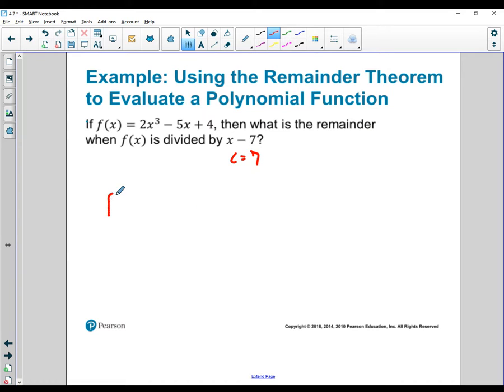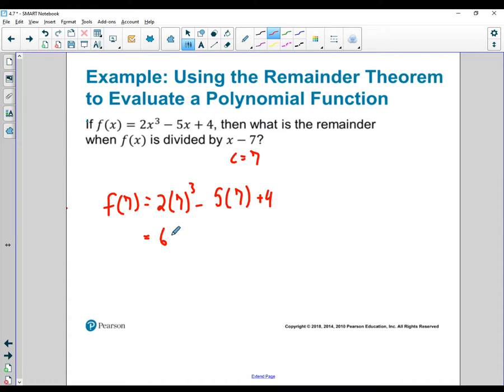So all we do is evaluate f of 7, which if we look back up here, is going to be 2 times 7 cubed minus 5 times 7 plus 4. 7 cubed, I don't know what that is. 7 cubed is 343 times 2. I could probably do that in my head, but who cares? 686.